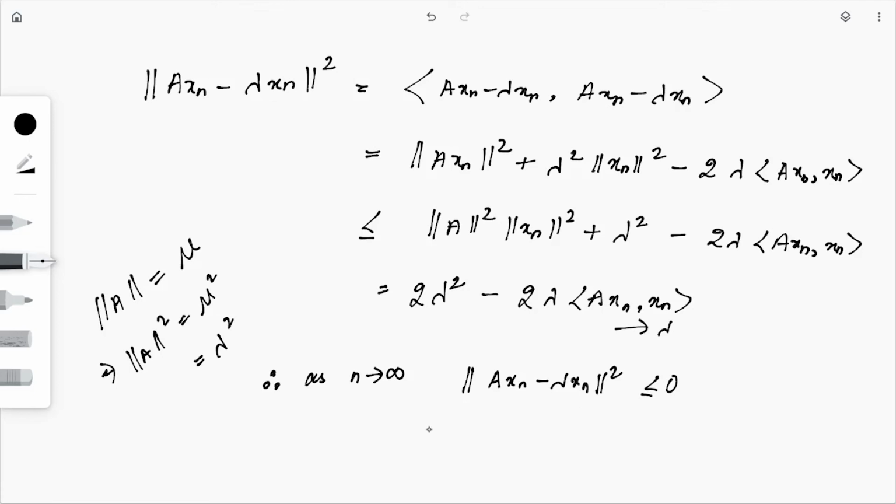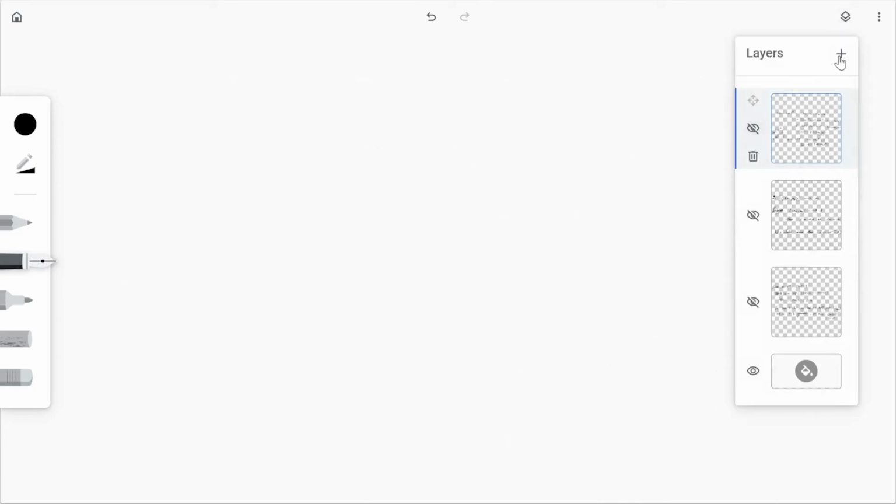But we know the norm is always greater than or equal to 0, so 0 is less than or equal to norm of AXN minus lambda XN square. So combining these two inequalities, what can I say? I can say that norm of AXN minus lambda XN square is equal to 0.